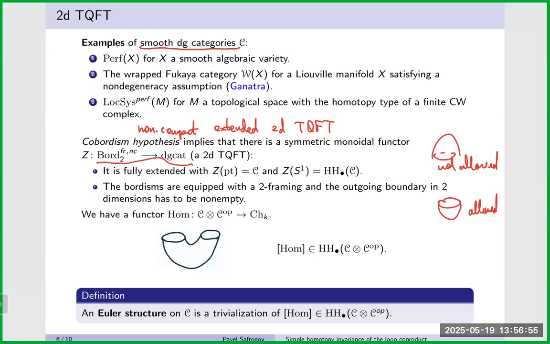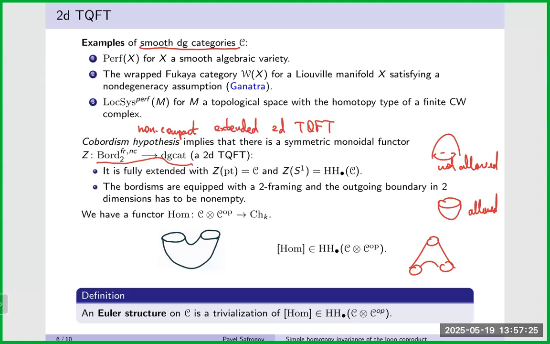It's a term that was introduced in Lurie's work, it doesn't mean that something is non-compact. So maybe it's not the best terminology, but all manifolds are compact. They have boundary, and in a cobordism, you usually think that you have some incoming and some outgoing boundaries, and you don't allow empty outgoing boundary.